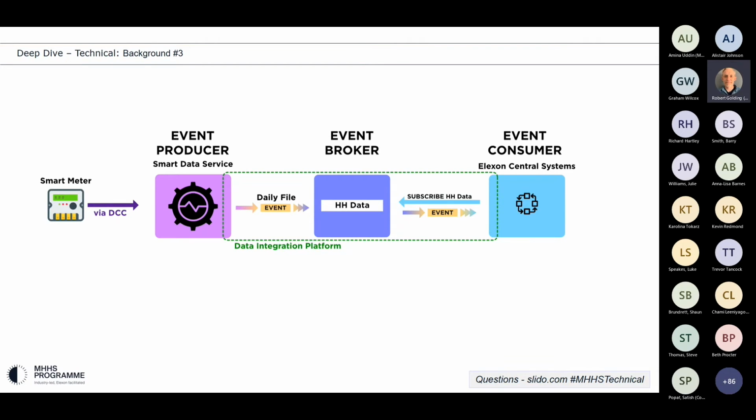This data is sent from the smart data services to Elexon central systems via the event broker, via the data integration platform. By volume, this flow of data will contribute 95% of the message traffic that will travel through the DIP. But of course, there are far more processes that will make use of the DIP, and that is explained on the next slide.